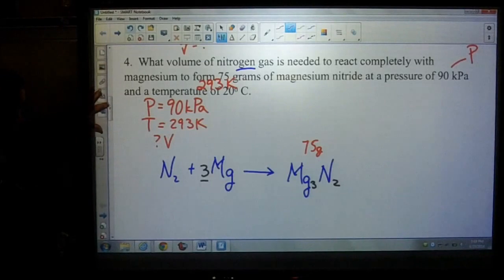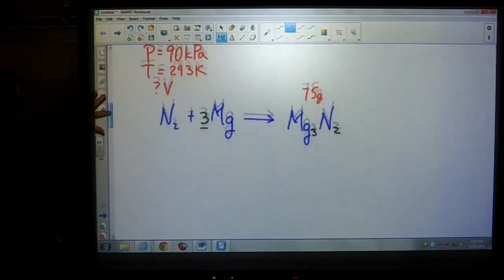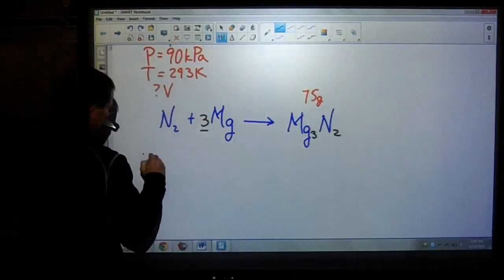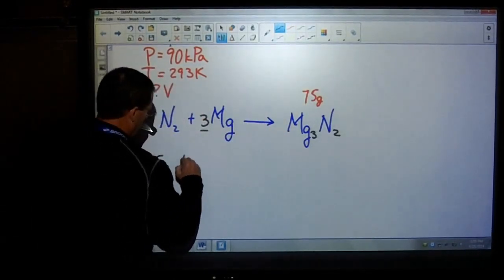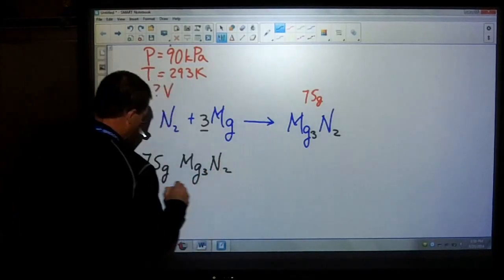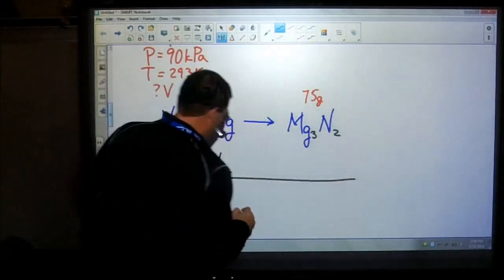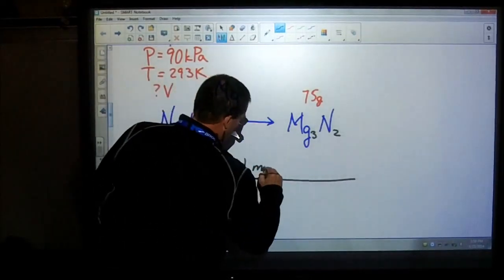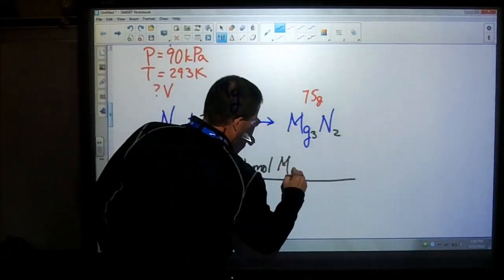Step 1, write a balanced equation. We did that. Step 2, we take what's given and convert it into moles. So we'll take 75 grams of magnesium nitride and convert that into moles of magnesium nitride. 1 mole of magnesium nitride on top.